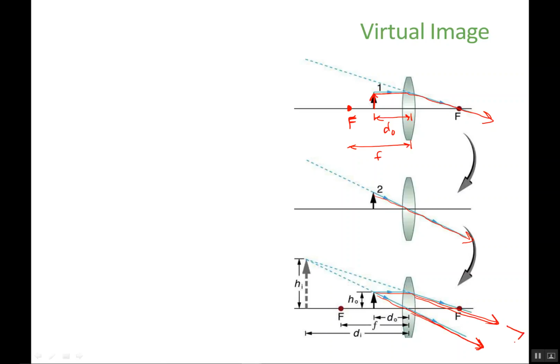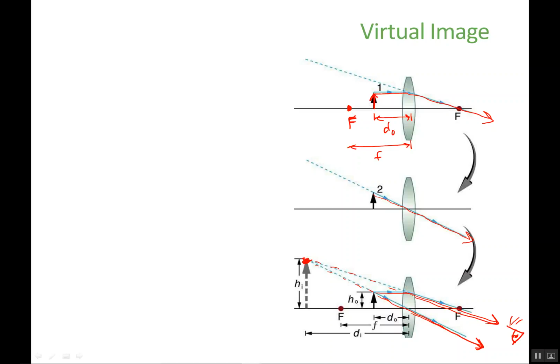But if there's an observer over here looking back through the lens, that observer thinks that those two rays originated from a spot back here behind the lens. So we trace those rays back in a virtual sense and see that an observer looking back through the lens perceives those rays as originating from here. That's where the image of the arrowhead will be formed.